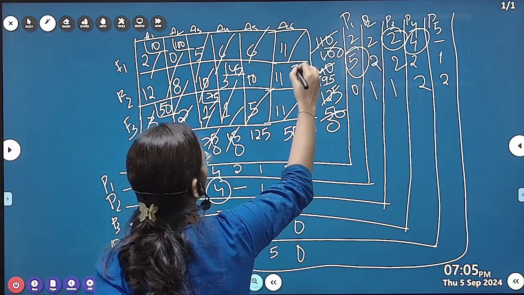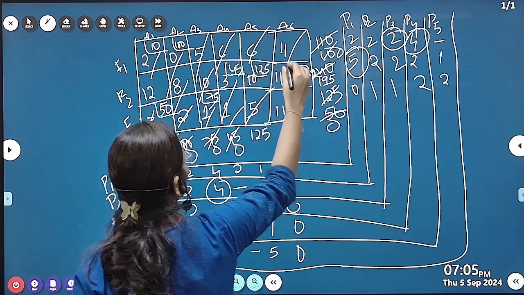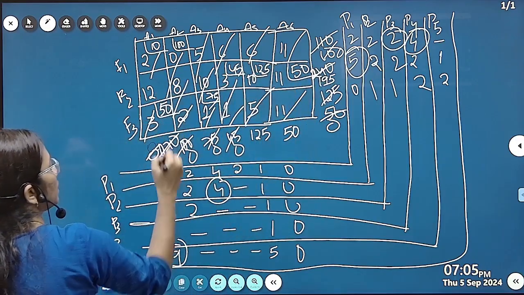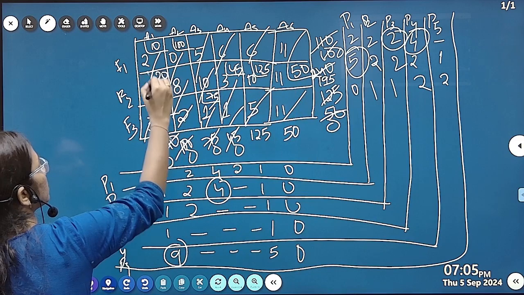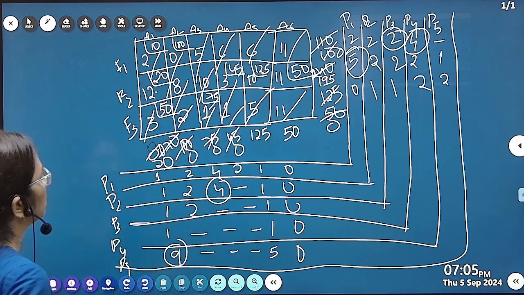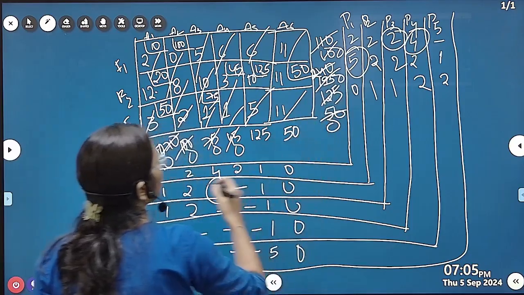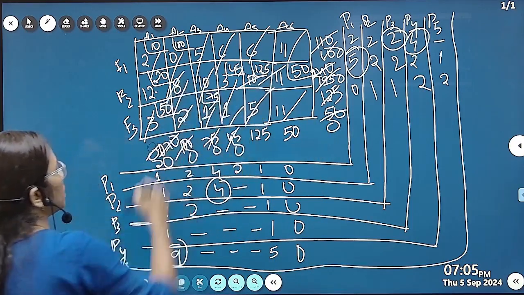So here the remaining numbers are only 50. So 125, and here there are 20 units remaining. So 20 plus 125 plus 50, how much? It's 195, right? So fully satisfied. So everything got cancelled.